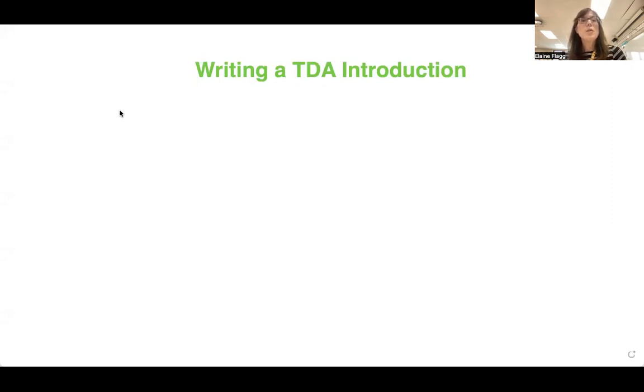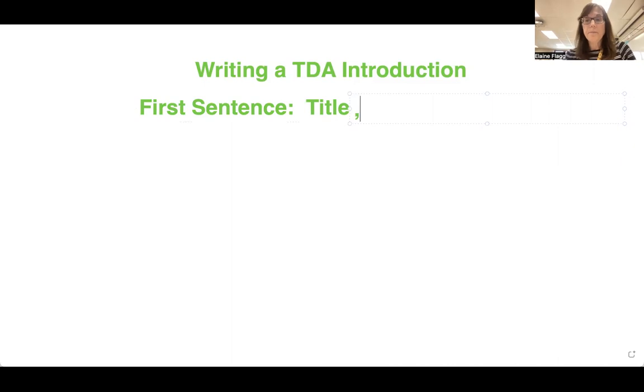introduction. So the first step in writing a strong introduction, so we're going to go with the first sentence. The first sentence of your TDA, you should always include the title of your story. You should include the author of the story, and you should include the genre of the story.